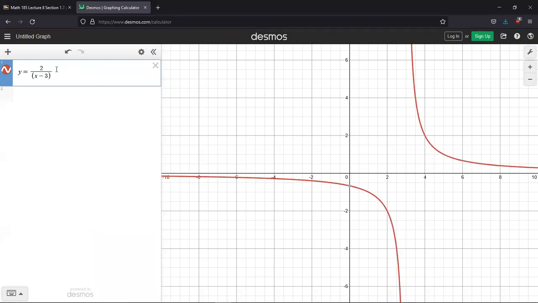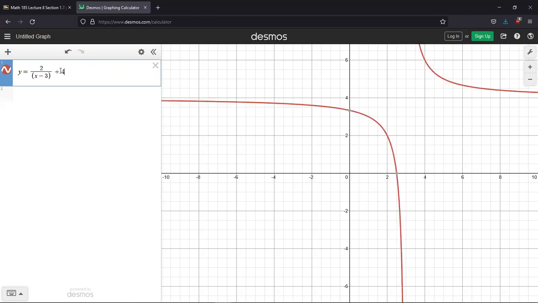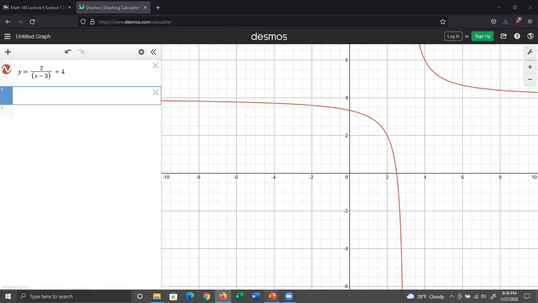The thing I just want you to notice is that when I do the fraction like that, I put the stuff on bottom in parentheses just so that the calculator will recognize the fact that the x minus 3 all together is what's being divided there. And if you type it in with a TI-84, it'll be the same idea. You want to do 2 divided by parentheses x minus 3, and then you close the parentheses and put the plus 4 after it.